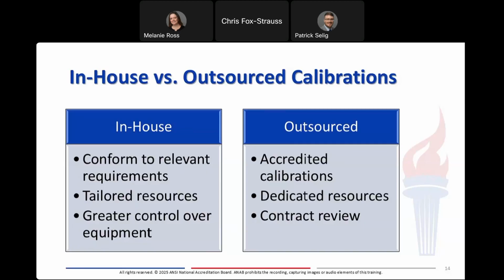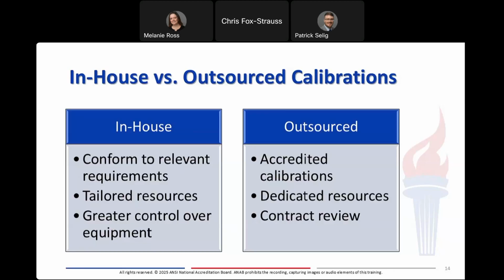Sometimes this can be a risk to organizations, which we'll see when we start talking about risk. One of the benefits of having in-house calibrations is greater control over the equipment and the calibrations being performed. The laboratory can schedule the calibrations within their typical workflow and can perform calibrations on equipment that may be out of calibration more expeditiously than having to schedule it through a calibration service provider.